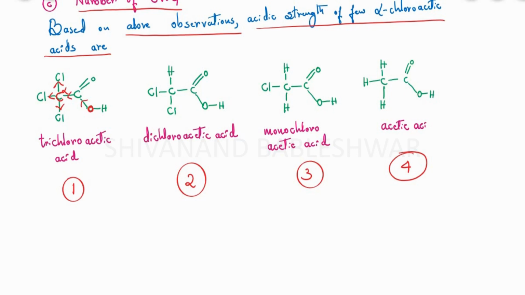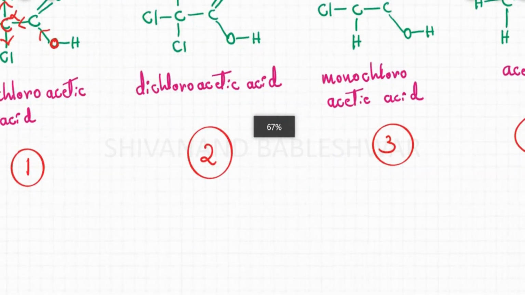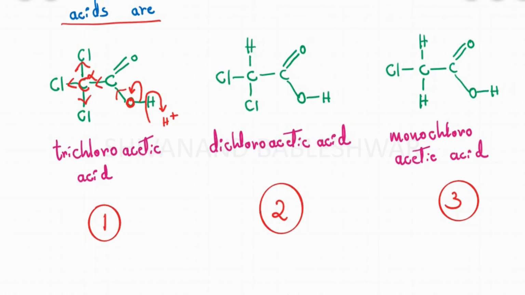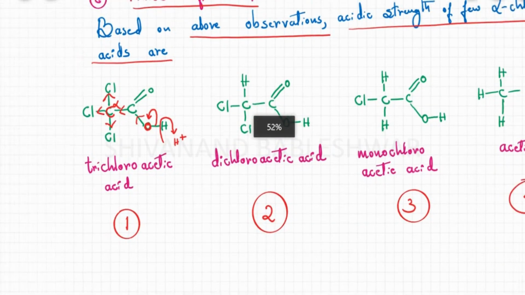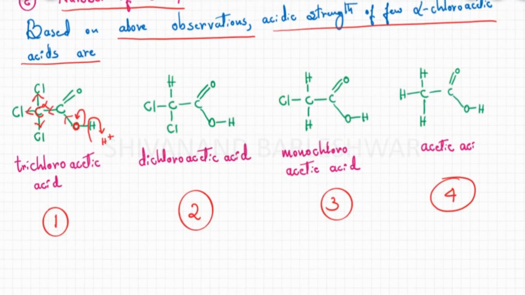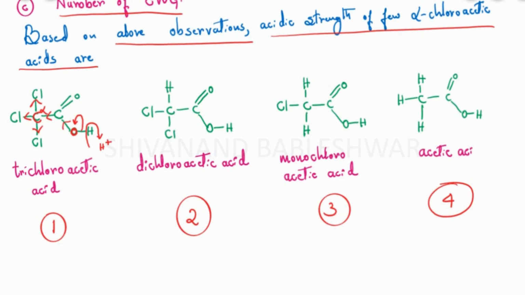What happens here, students, is that these bonding electrons are going towards this oxygen atom. So therefore H plus is very easily expelled outside in the form of H plus. Since there are 3 chlorine atoms, all the 3 are going to withdraw the electrons, so therefore we can say that trichloroacetic acid is the strongest acid.